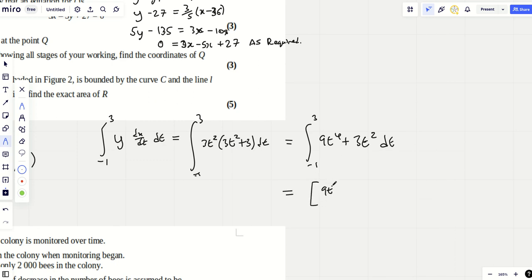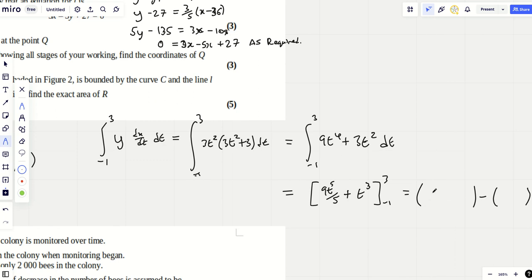Okay, that's 9t to the 5 over 5 plus t cubed between 3 and minus 1. And that comes to 3 to the power of 5, which is 243, 81 times 3, 243, times by 9 divided by 5. And actually show yourself plugging this in. So what do we get here?